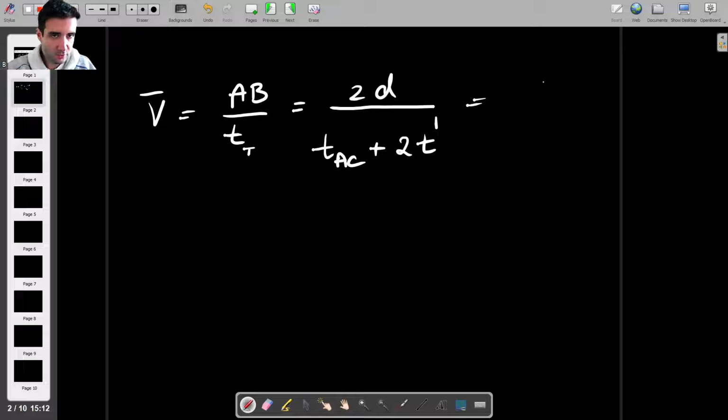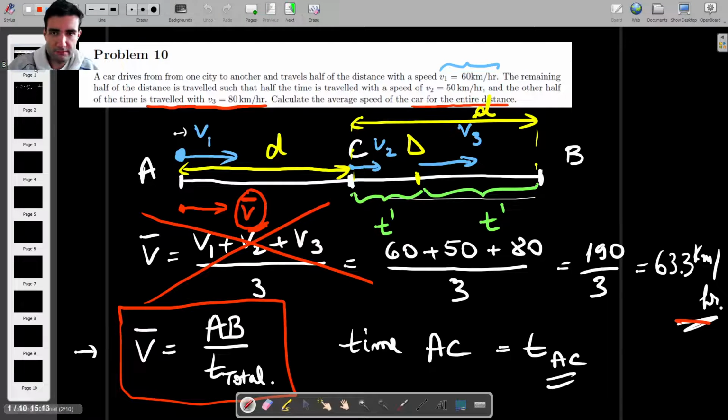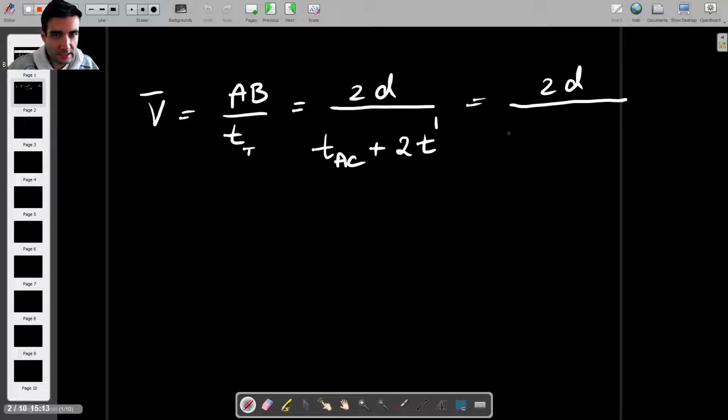Okay, so we've got 2d divided by, now the time traveled from A to C, think about it, the car travels with constant speed between A and C, which is this v1. So the time taken from A to C is the distance d over the velocity v1, plus 2 times t prime.